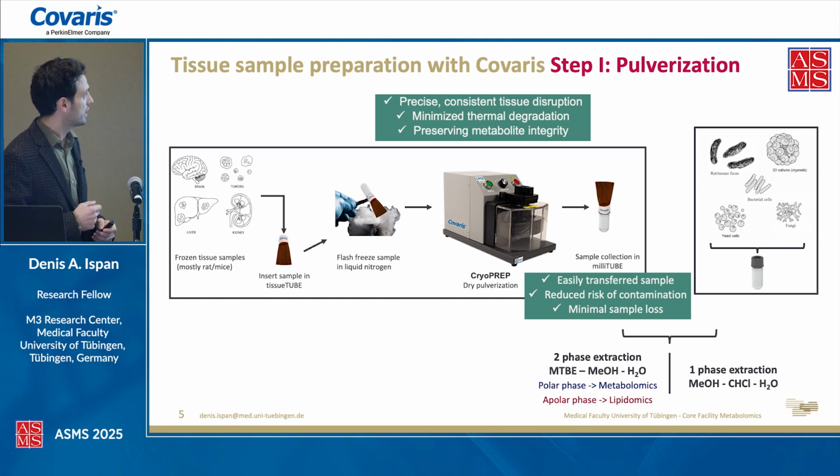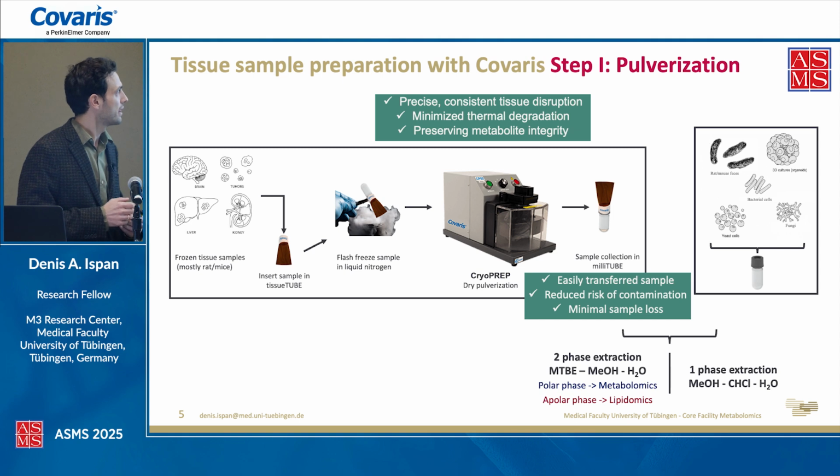Then we insert them into the tissue tube, and this goes into the CryoPREP, where the standardized impact energy ensures consistent and complete pulverization with minimized temperature generation. And that's good because you can choose from several impact steps.